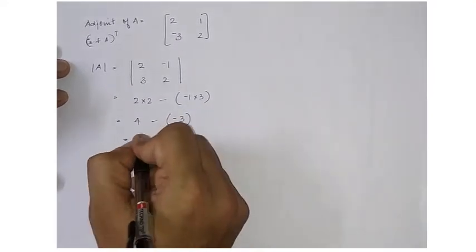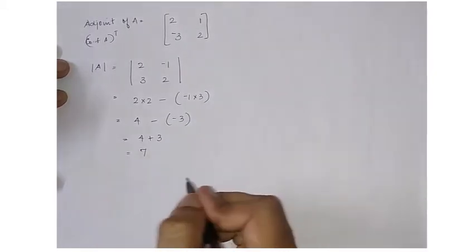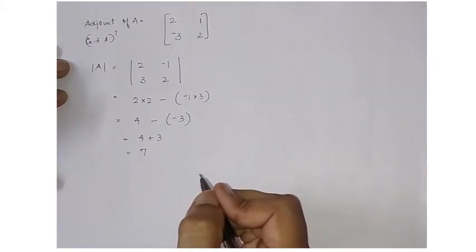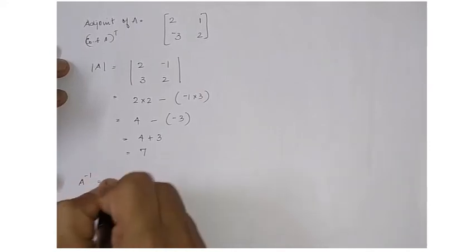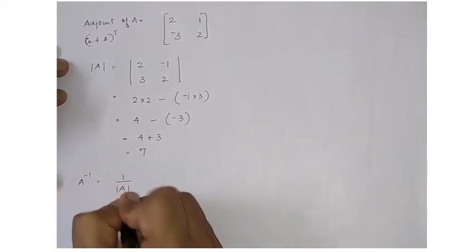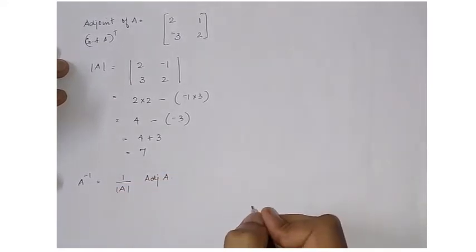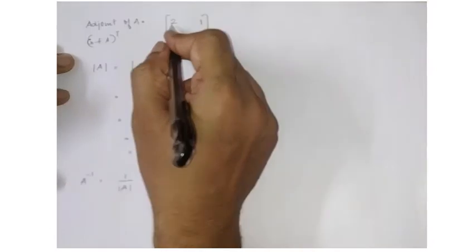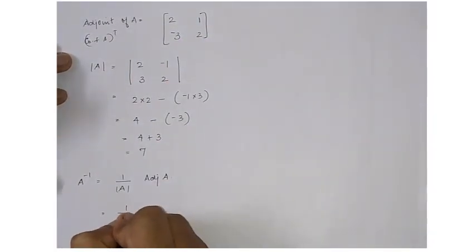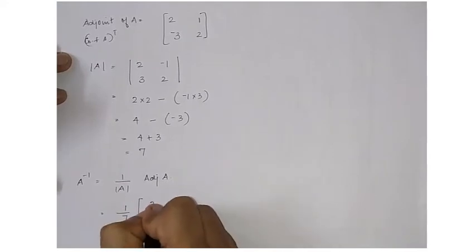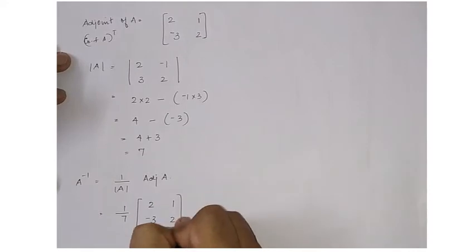So minus of minus becomes plus. 4 plus 3 is equal to 7. So determinant A is equal to 7. So we know that A inverse is equal to 1 by determinant A into adjoint A. So what is adjoint A? Adjoint of A is 2, 1, minus 3, 2. So it becomes 1 by 7 into 2, 1, minus 3, 2.